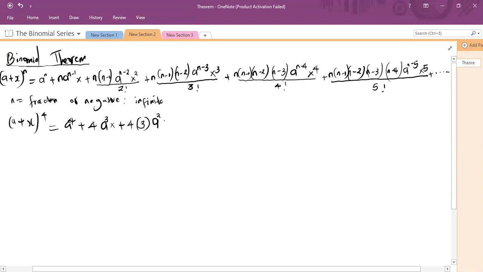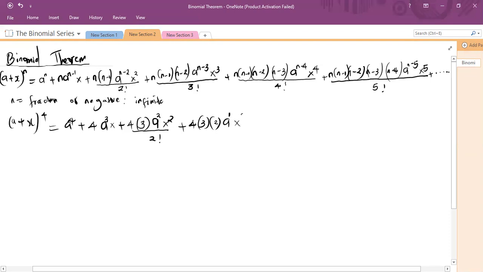is 2, and then x squared, all this divided by 2 factorial, plus n, which is 4, n minus 1, which is 3, n minus 2, which is 4 minus 2, so that gives 2, and then a n minus 3, so that is 4 minus 3, which gives 1.